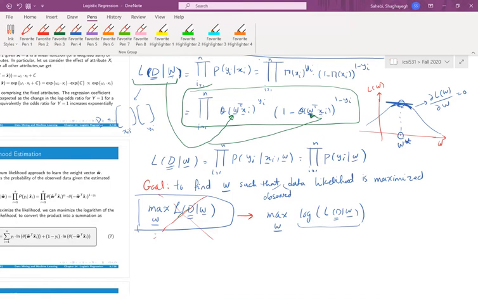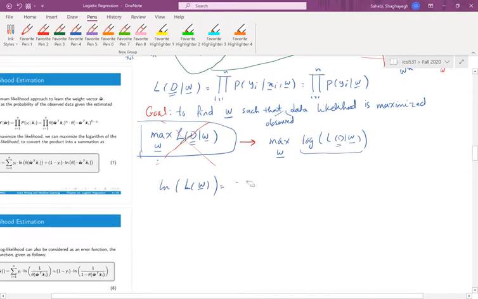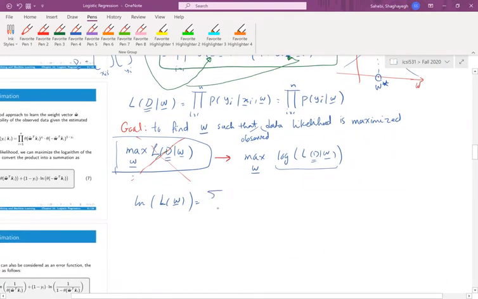So what we do is that now I want to calculate the logarithm of L of W. So let's look at ln of L of W. I just dropped the D to make things easier. We just look at L of W. So that is going to be equal to, this outer multiplication is going to be changed into a summation, right?